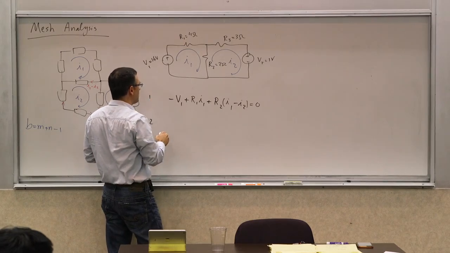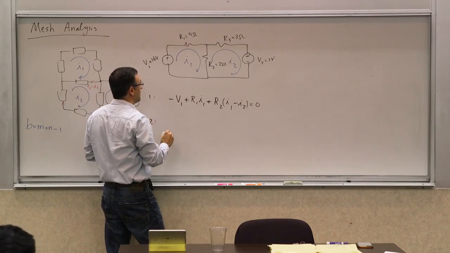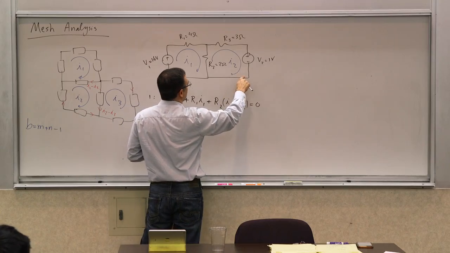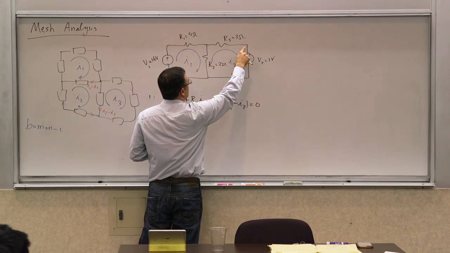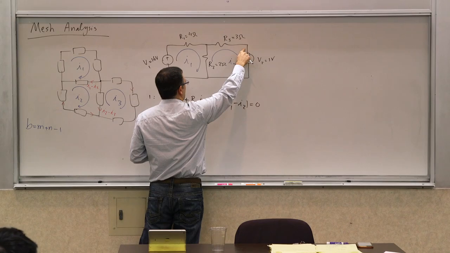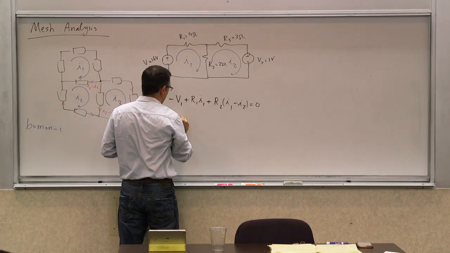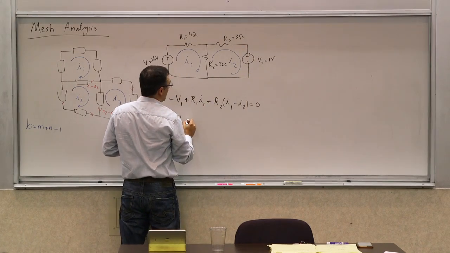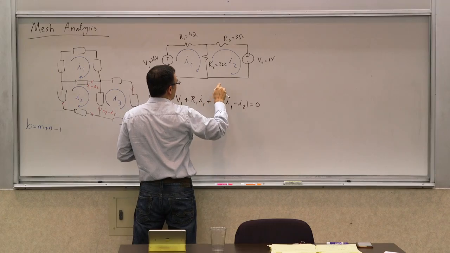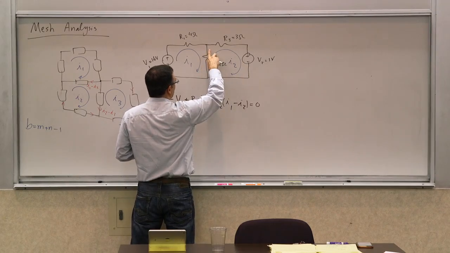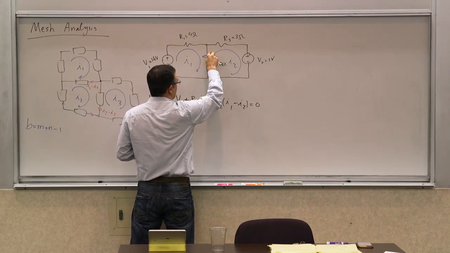And then going around mesh 2, what do I get? I can start from here. I'm going into the positive terminal, so I get a plus V2. Then I'm coming up here. What is the voltage drop across here from this end to that end?